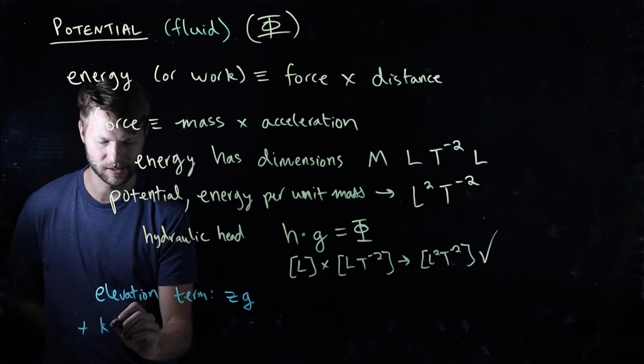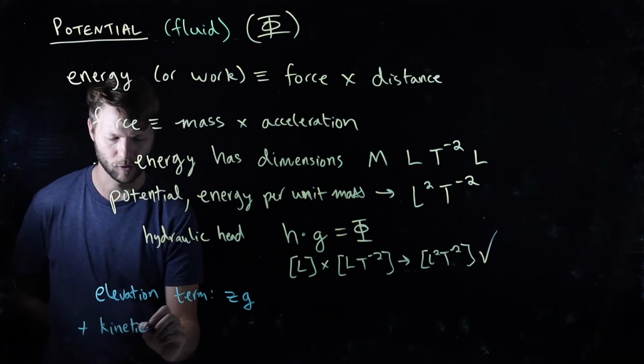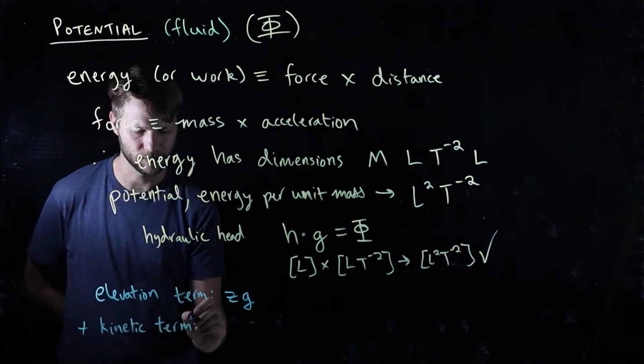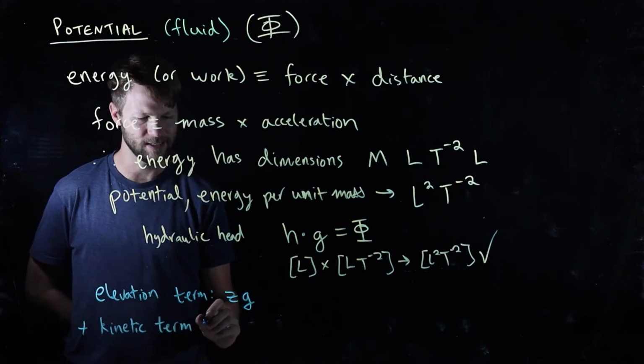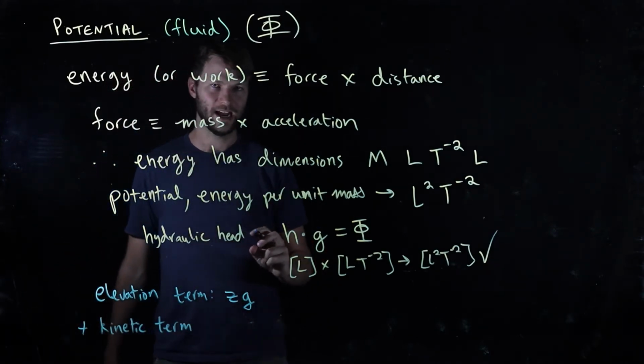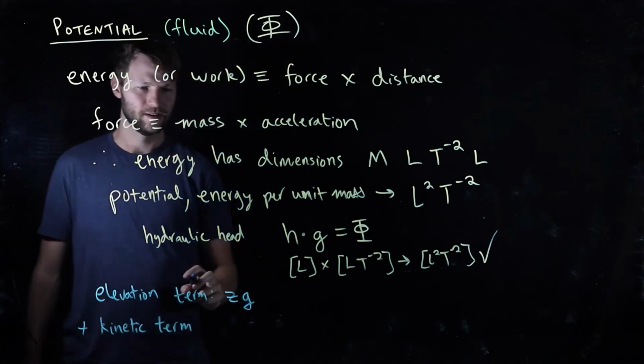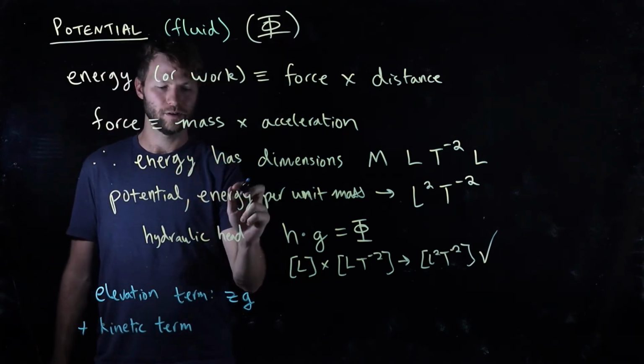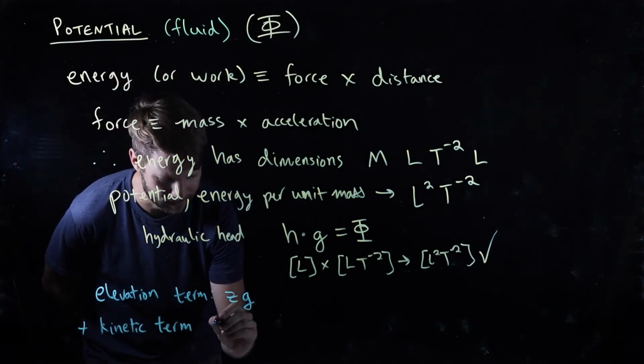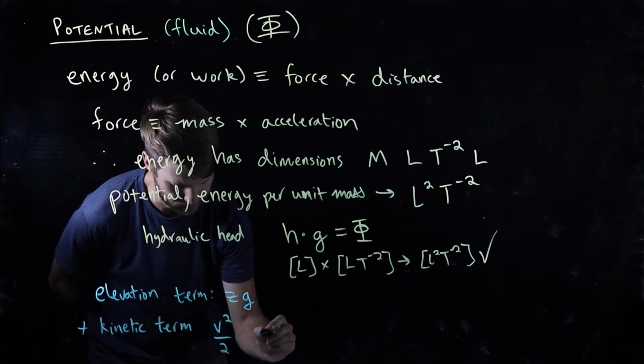We know that there's going to be some kinetic term, or there could be, but in general, in the subsurface, we're going to neglect it. Kinetic energy is 1/2 mv squared. If we do it per mass, we're just going to get v squared over 2.